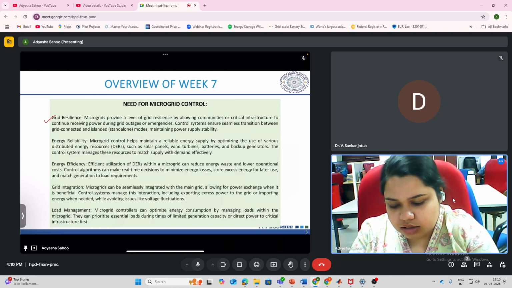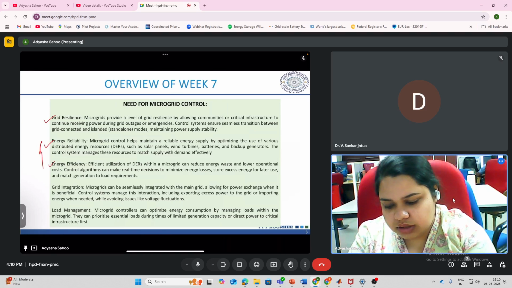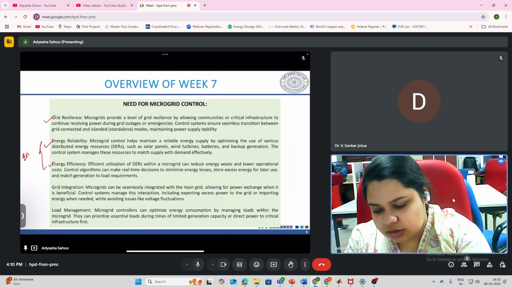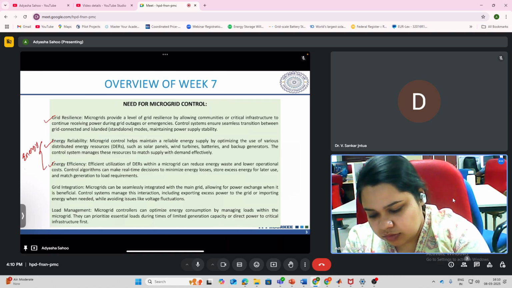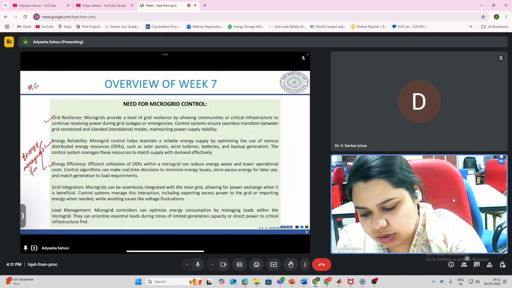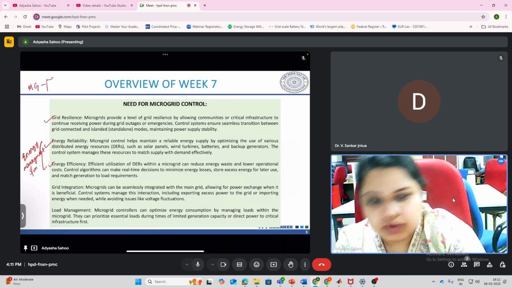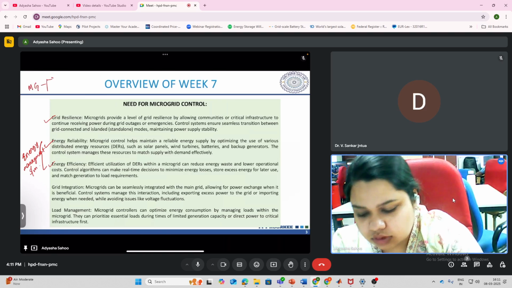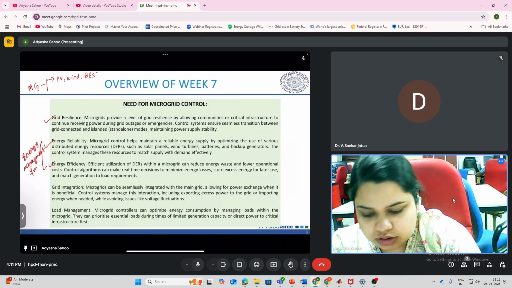Then energy reliability and energy efficiency basically come under the energy management system. We had seen earlier that a microgrid will be a combination of various generating resources. There you may have a combination of PV, wind, and battery, and you can have other resources also.